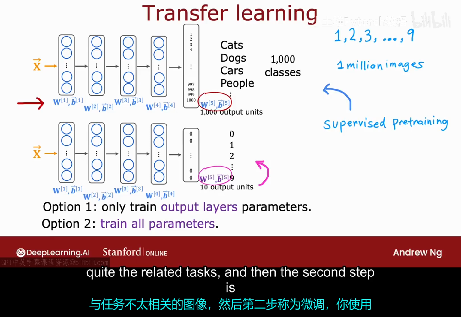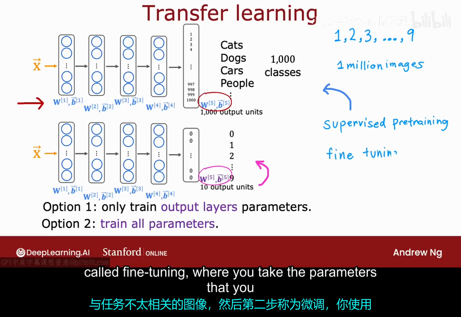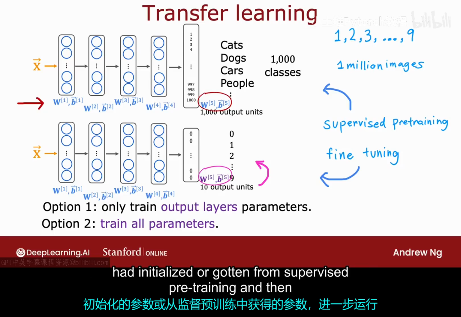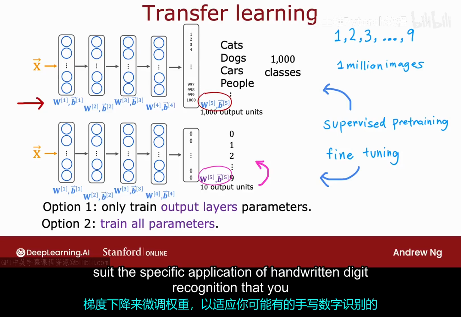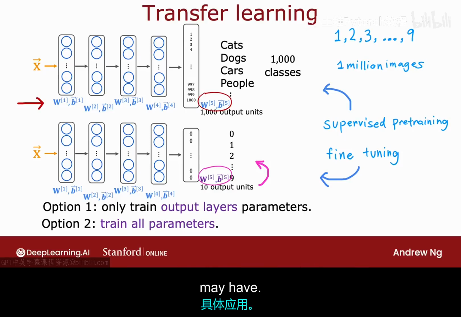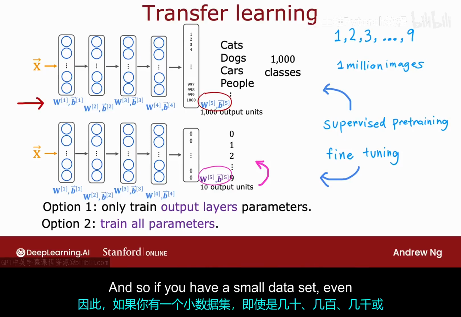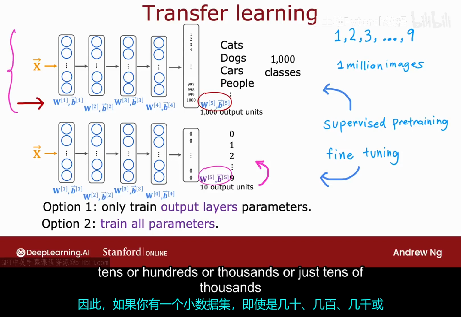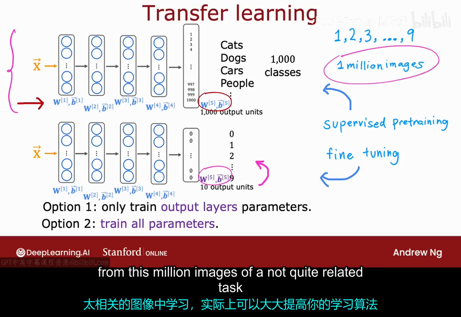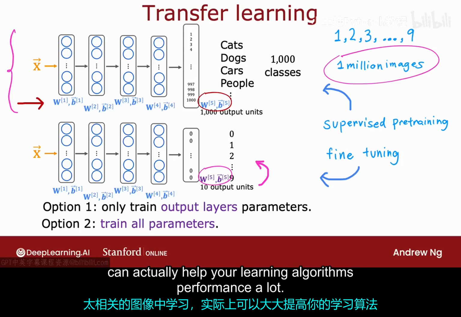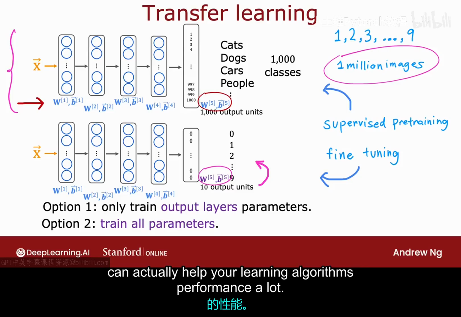And then the second step is called fine-tuning, where you take the parameters that you had initialized or gotten from supervised pre-training and then run gradient descent further to fine-tune the weights to suit the specific application of handwritten digit recognition that you may have. And so if you have a small data set, even tens or hundreds or thousands or just tens of thousands of images of the handwritten digits, being able to learn from this million images of a not quite related task can actually help your learning algorithm's performance a lot.